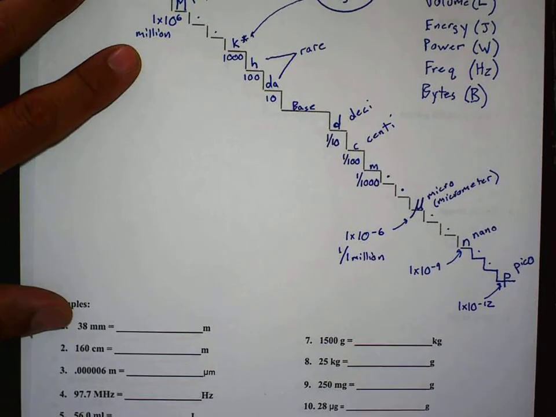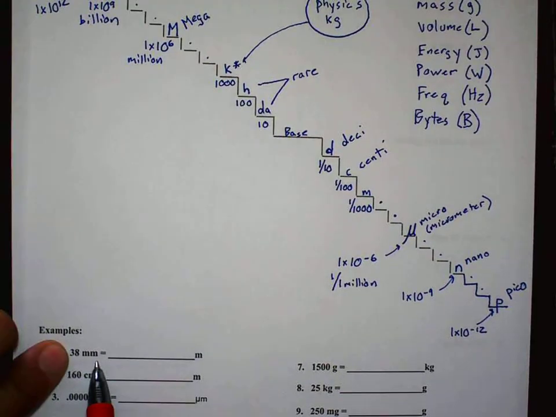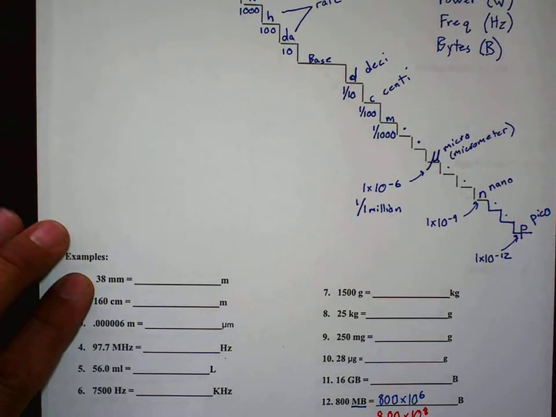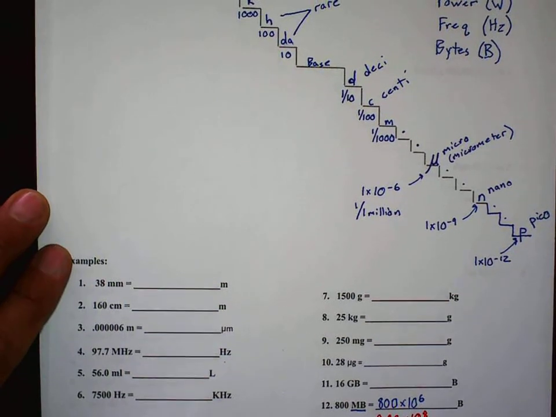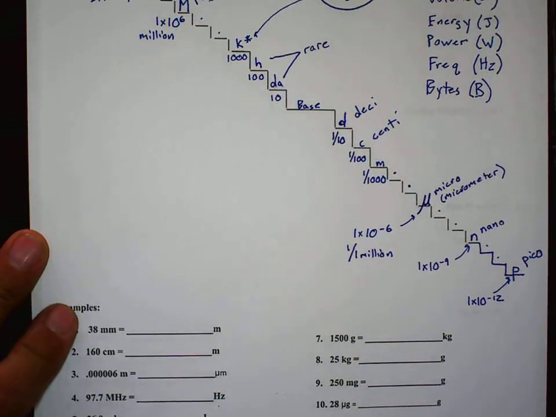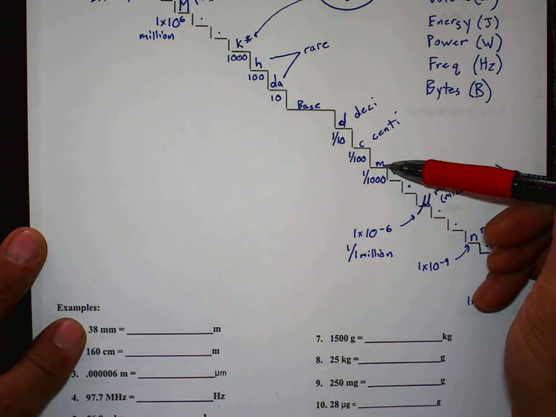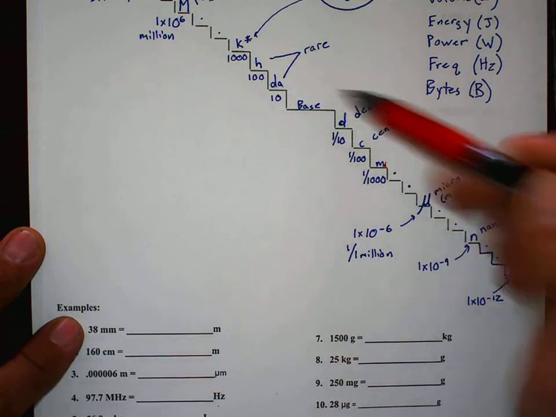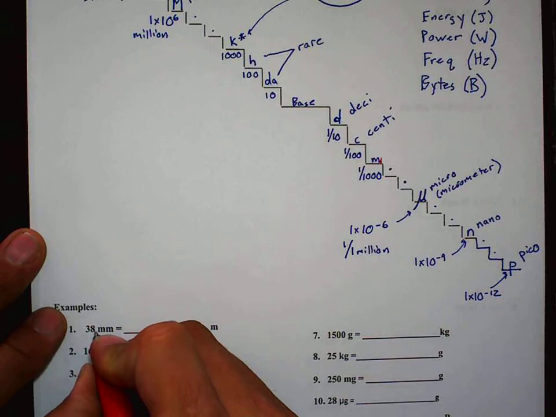Let's do a simple one here. 38 millimeters, let's say we want to convert that to meters. What we're going to do is find out where we are on the staircase. We're right here, and we want to go up 3 stairs. We're going to take our decimal point.